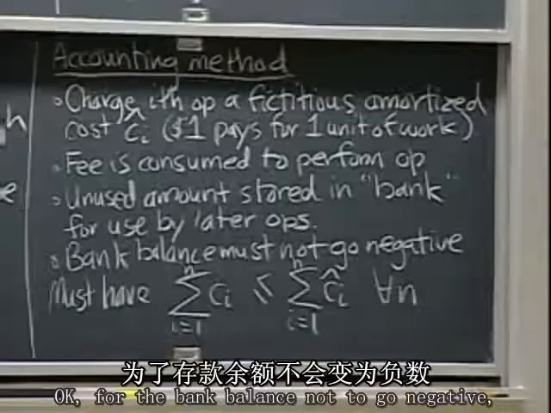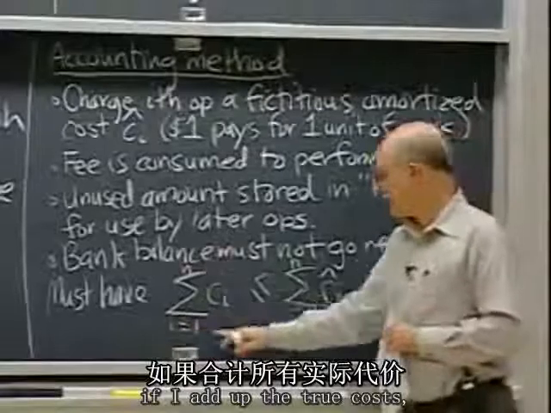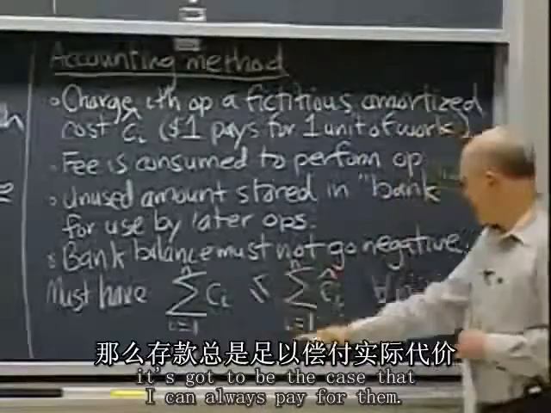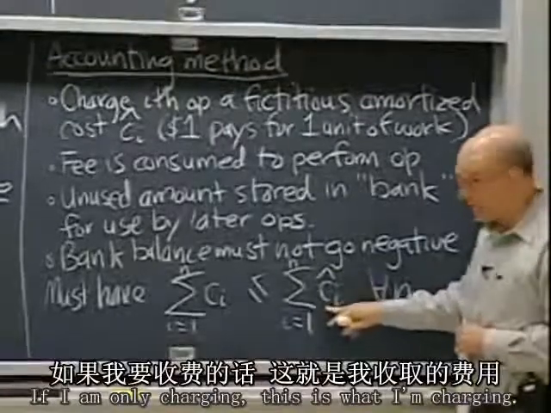Okay, for the bank balance not to go negative, if I add up the true costs, it's got to be the case that I can always pay for them. This is what I'm charging.